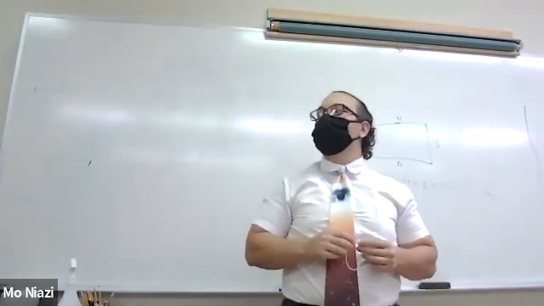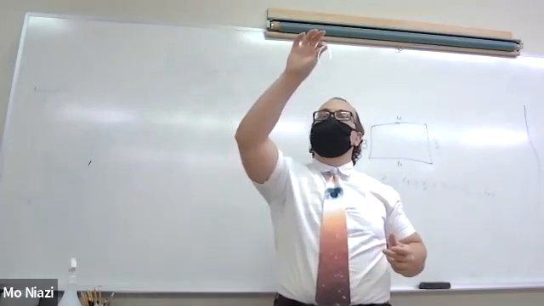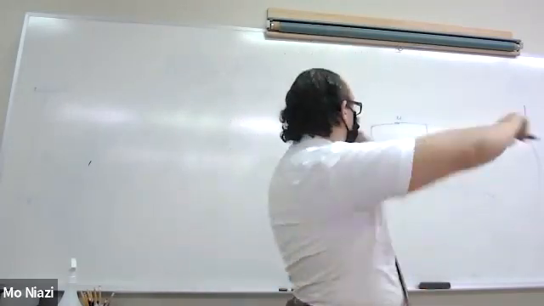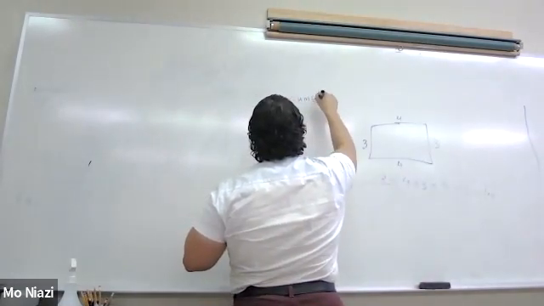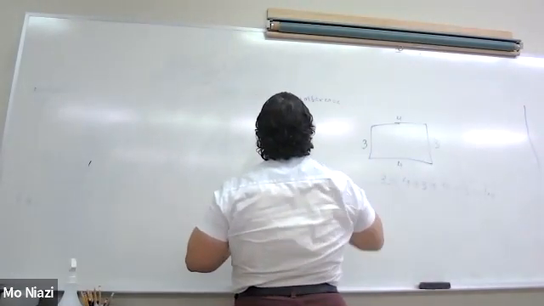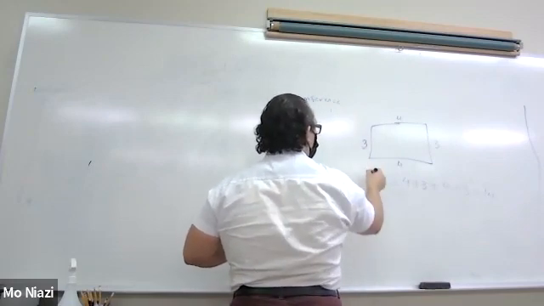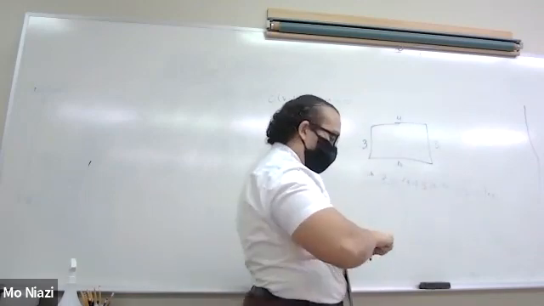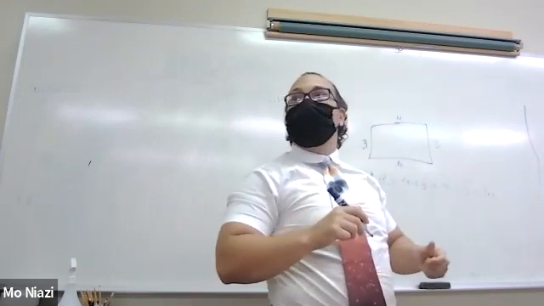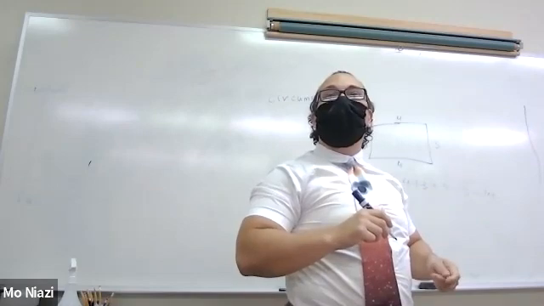Who can tell me what the circumference of a circle is? Yes, it's analogous to the perimeter of a circle. Who can tell me what the equation for it is? Pi d?